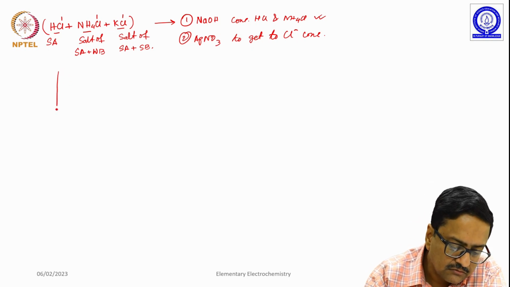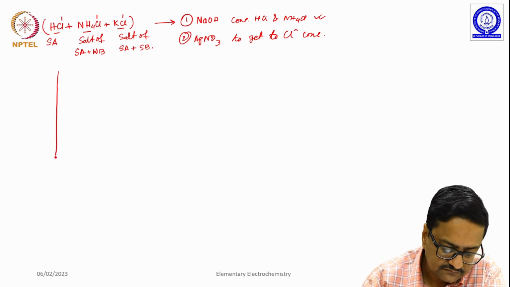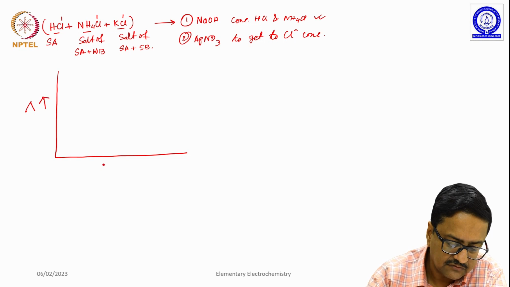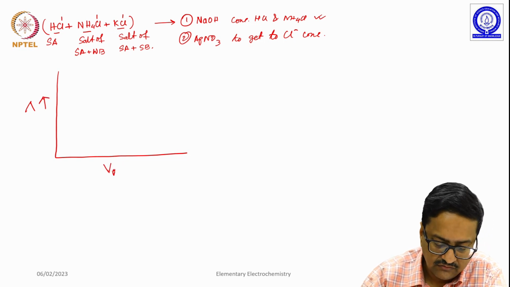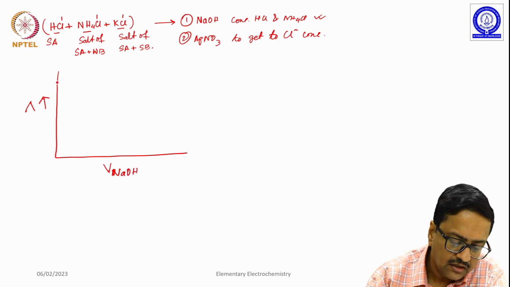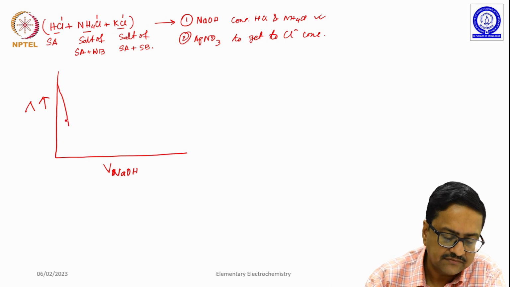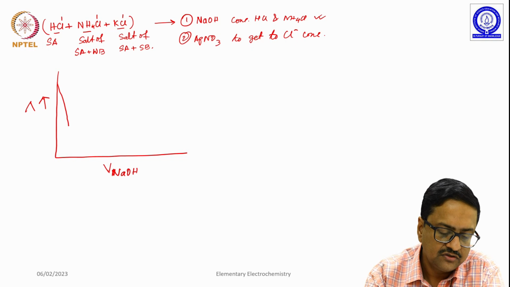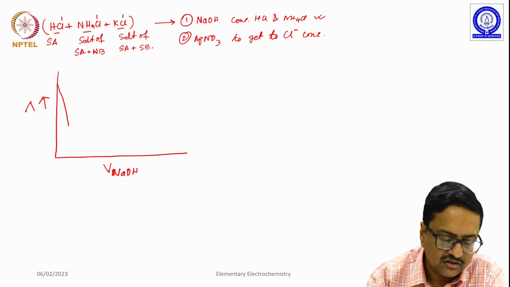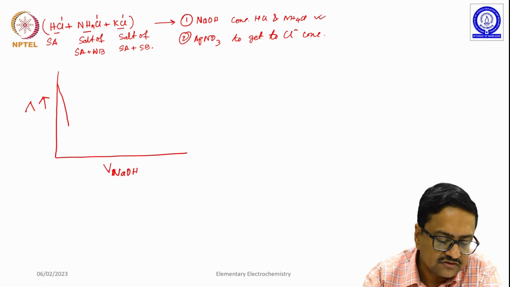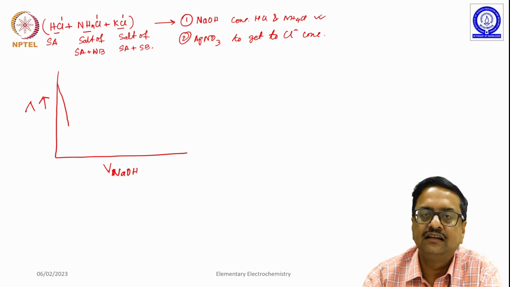So for the first titration, the conductance versus volume of NaOH. As usual, initially it will decrease. After all HCl is consumed, NH4Cl, being a salt of strong acid and weak base, will dissociate to produce the corresponding HCl and weak base ammonium hydroxide.